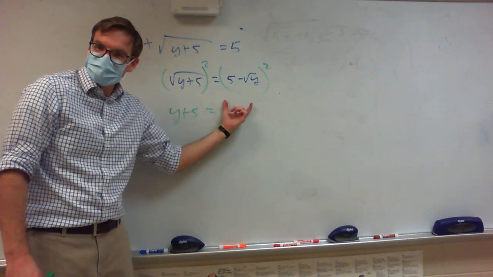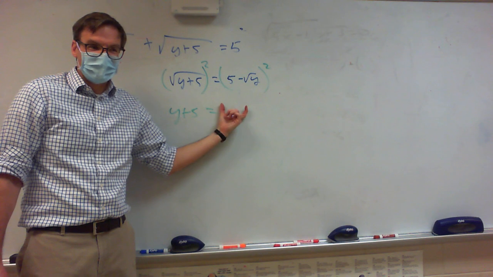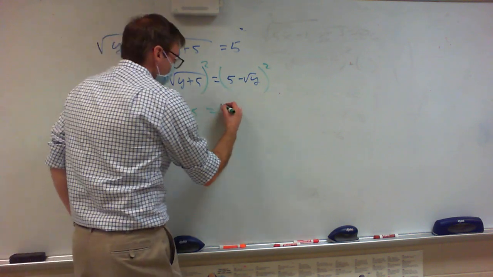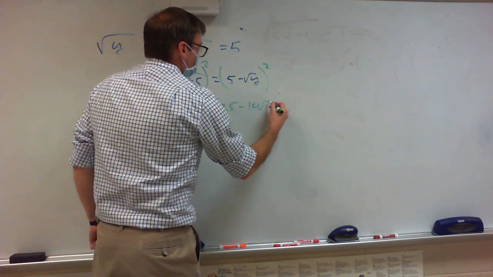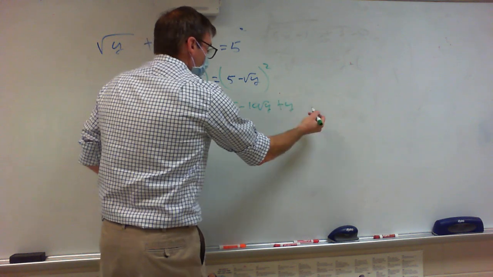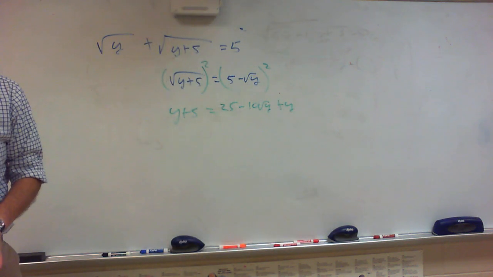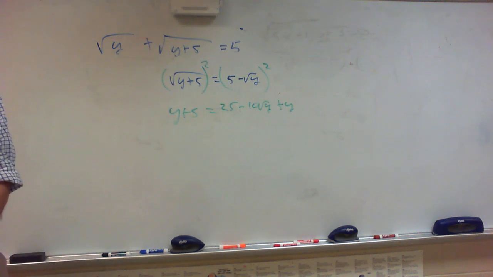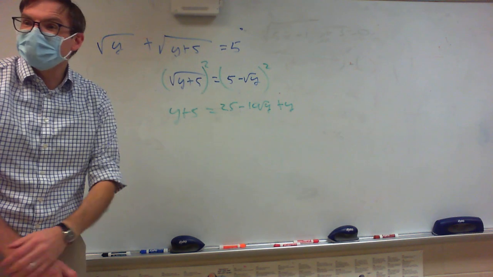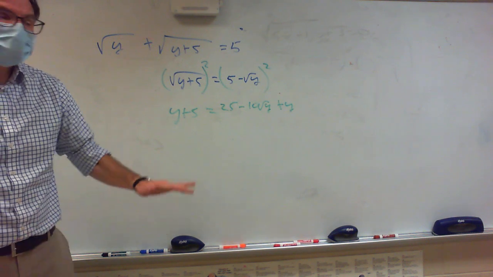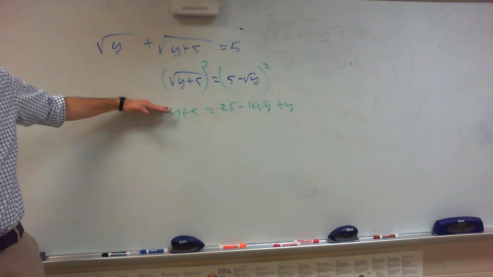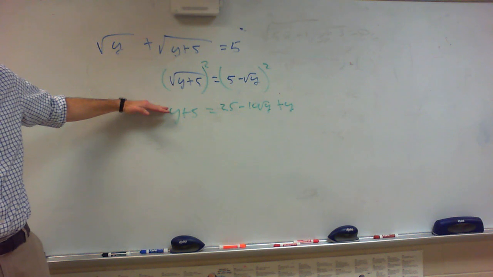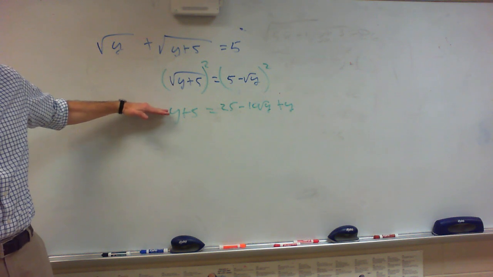When you square this, what do you get? 25 minus 10 square root of y plus y. Are we okay with that? All right, now what? We still got to get rid of the square root, right? What would you do if this was your original problem? How could we solve this?